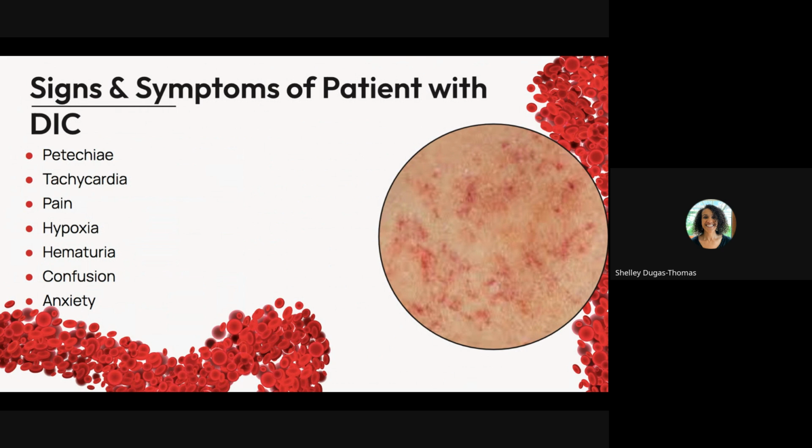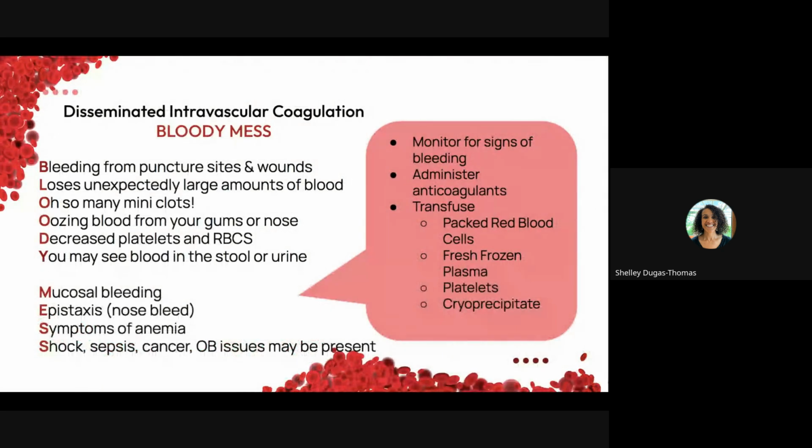So this can result from severe trauma. This is just an acronym that you can use, bloody mess. Severe trauma in a patient may result in the development of DIC in a complex sequence initiated by the injury. All platelets and clotting factors form multiple thrombi throughout the body, secondary to alteration of the body's normal anticoagulant mechanisms.